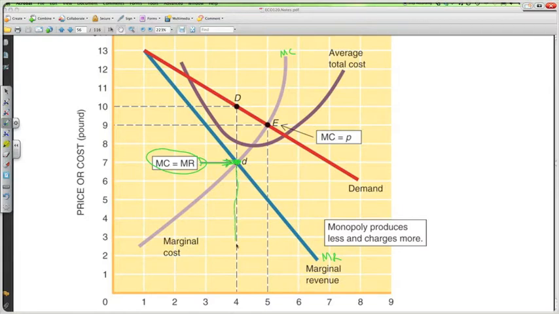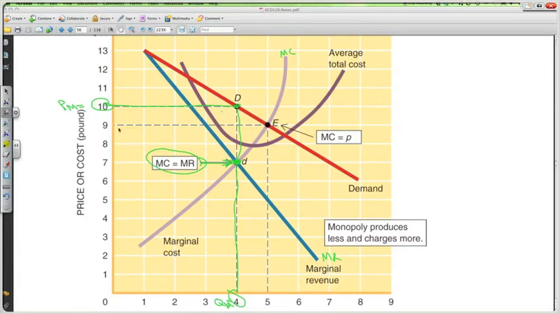So then we come down, profit maximizing output for the monopoly is 4, come up to the demand curve and then go over. So for the monopoly, price will be 10, and for the monopoly, quantity will be 4.